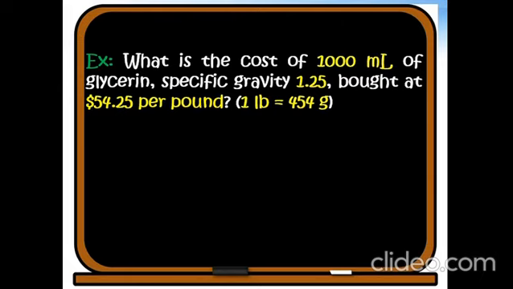The specific gravity for glycerin is 1.25, and it is bought at $54.25 per pound, and you need to buy 1,000 ml, but you don't know the weight so far, right? Because when we talk about the price, that is per pound, right? You have to figure out how many pounds for this 1,000 ml of glycerin. Then you can calculate.